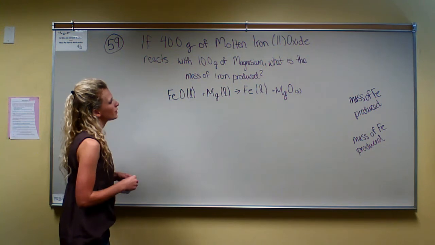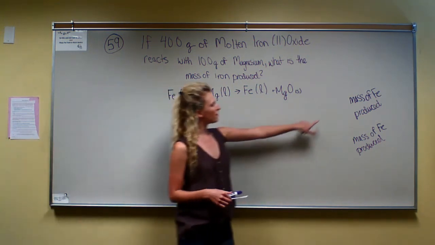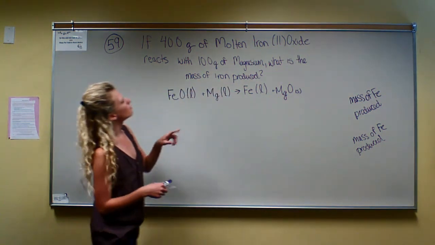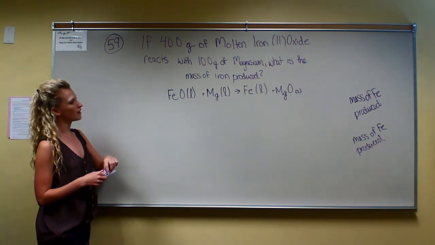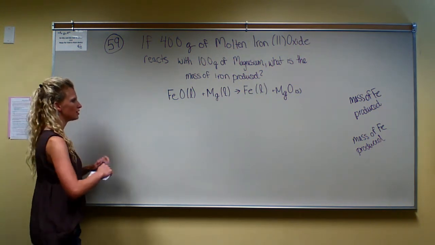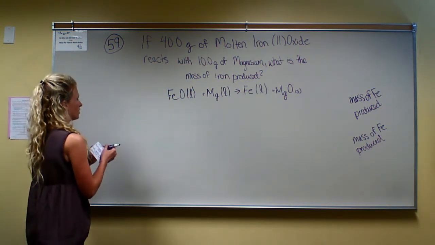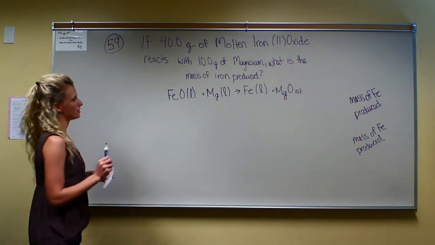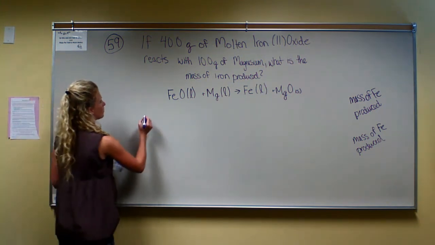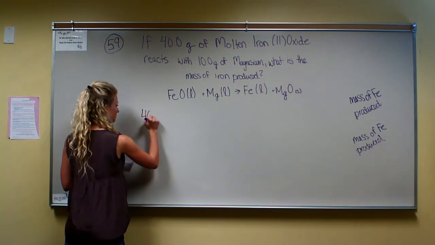From here, what we're going to do is find the mass of iron produced, both from molten iron oxide and from magnesium. So to start, the first one that we're going to do is the iron oxide, and we're given 40 grams.